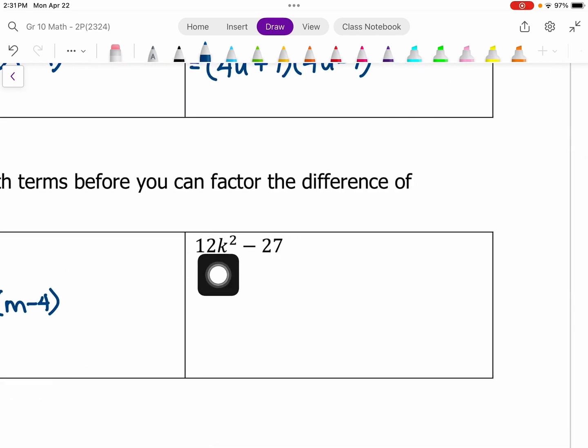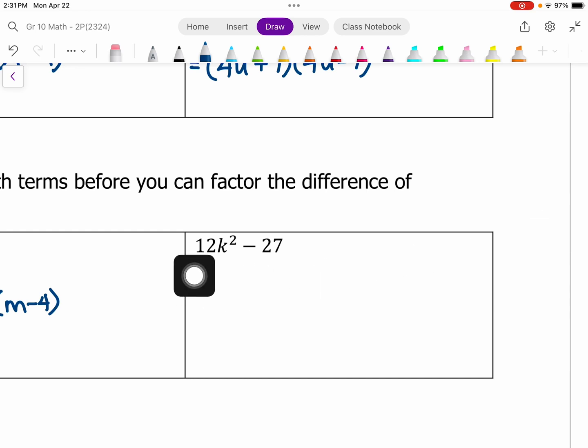So I have 12k squared and 27. So I have my square here with the k for my variable. I only have 2 terms and I have a subtraction. Now 12 and 27 are not perfect squares, but I'm going to see if I can factor a number out.